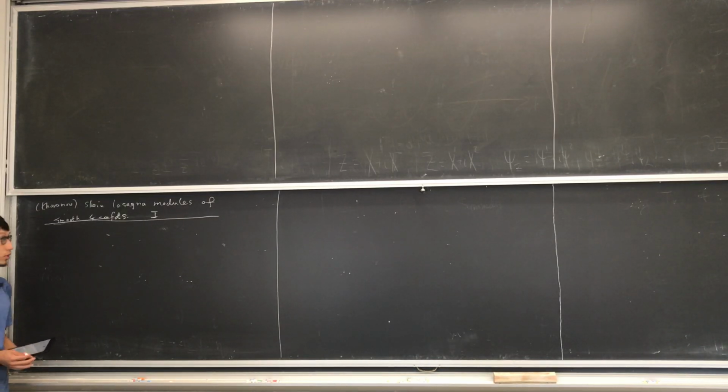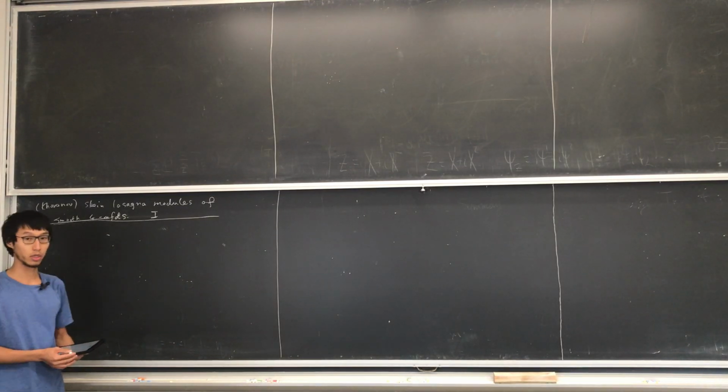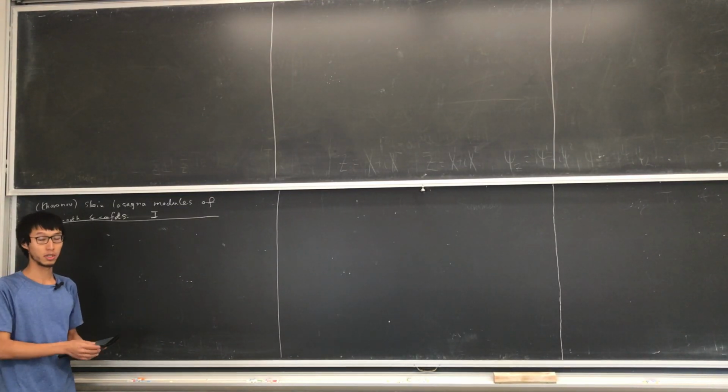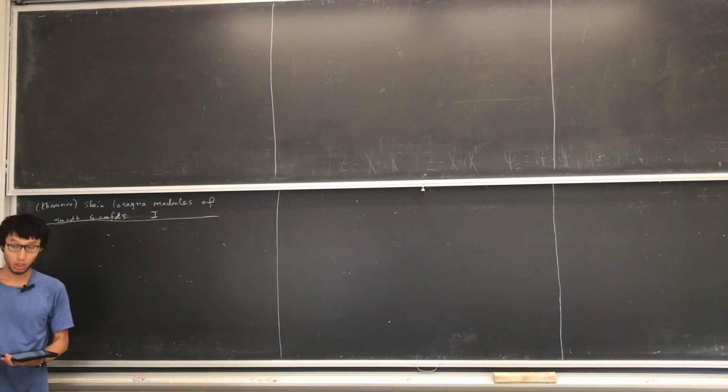Today will be a sequence of two talks. And today, I just want to give a quick introduction to the construction of skein lasagna modules and some formal properties enjoyed by this invariant, etc. So to get started, I want to talk about what is a link homology theory.